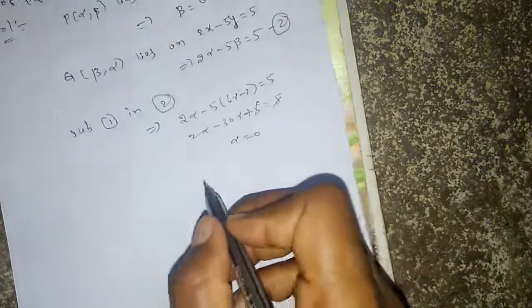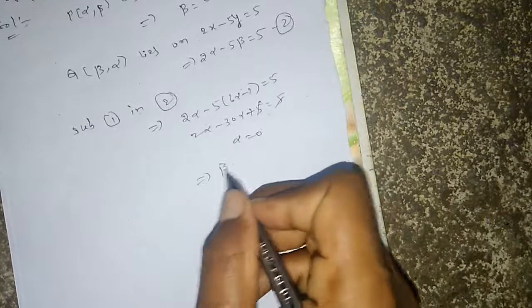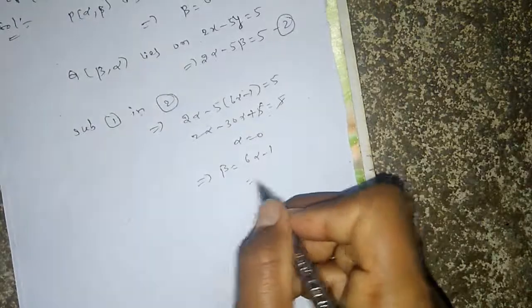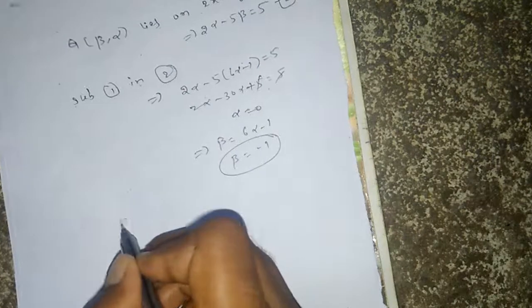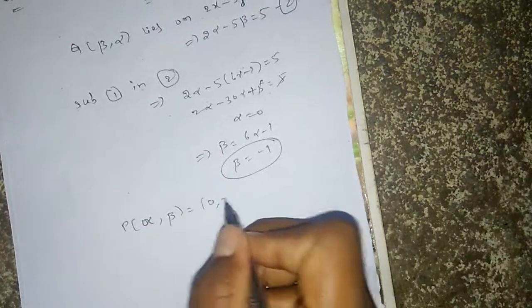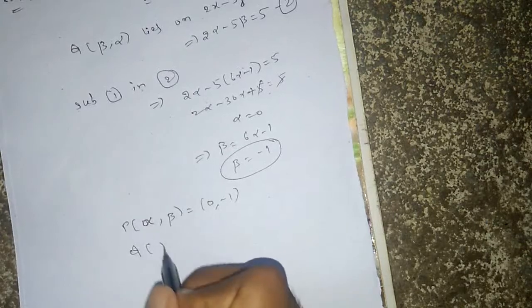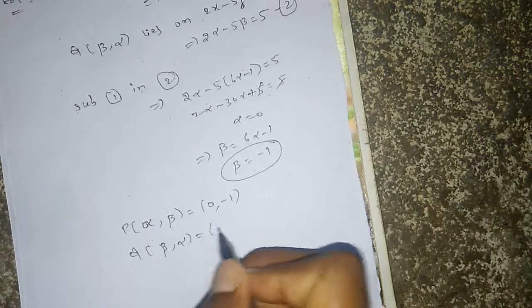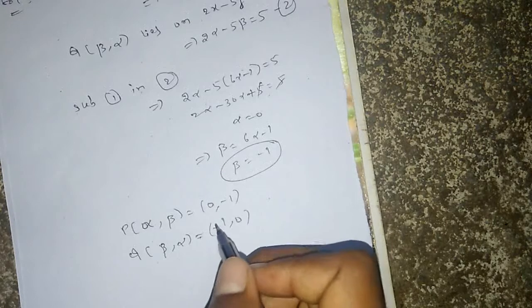Therefore alpha is equal to 0, beta is equal to minus 1.